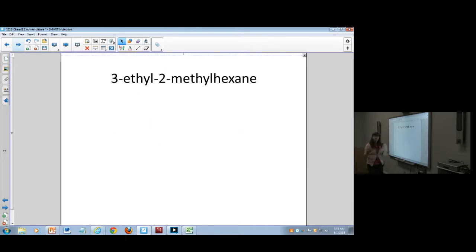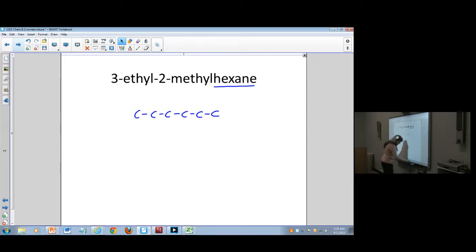Okay, now what if we're given a name and we're asked to draw the structure? Well, if we know it's a hexane, start with the root and the type of organic compound it is. So we know it's singly bonded because it's an -ane, and it has 6 carbons. So let's get 6 carbons on here: 1, 2, 3, 4, 5, 6. And then I want to make 3-ethyl 2-methyl.